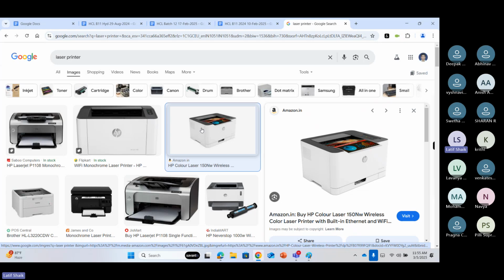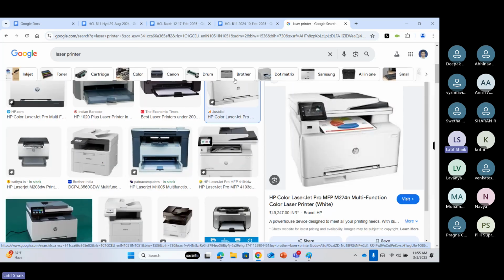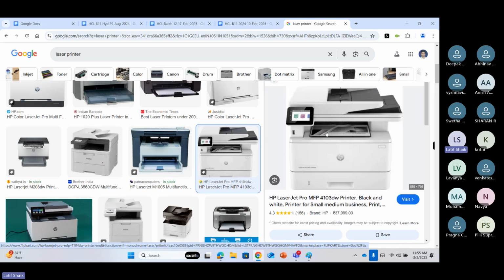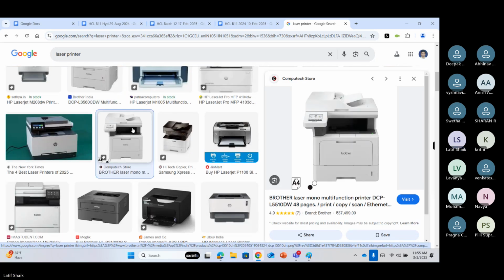Wi-Fi enabled multifunction printers are also there in laser, but the cost varies. Xerox shops use these laser-based functions. Of course, multifunction, like you can scan it, you can print it. That kind of functions are also there. That is what it is.